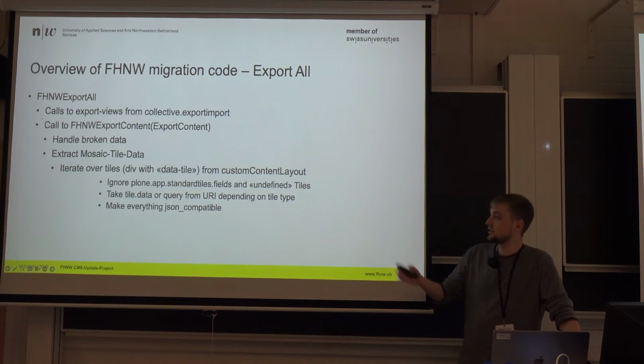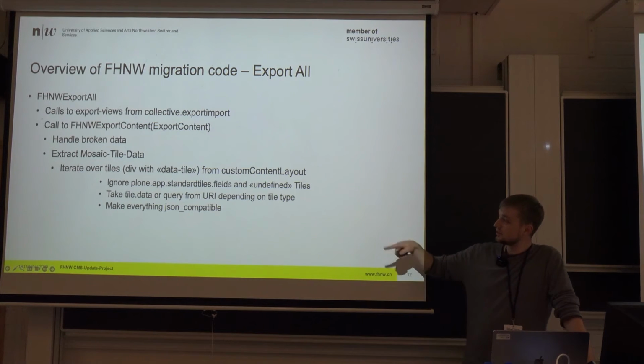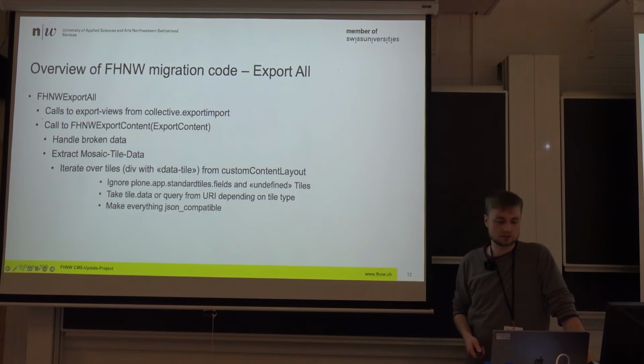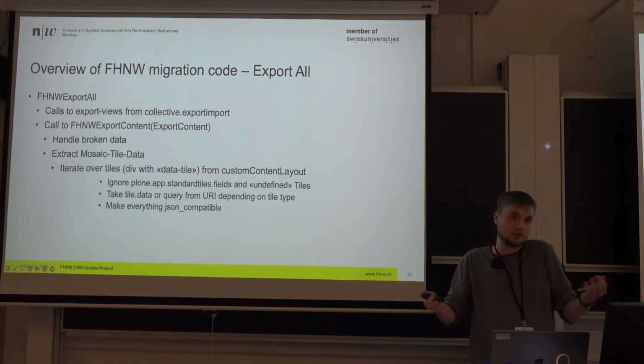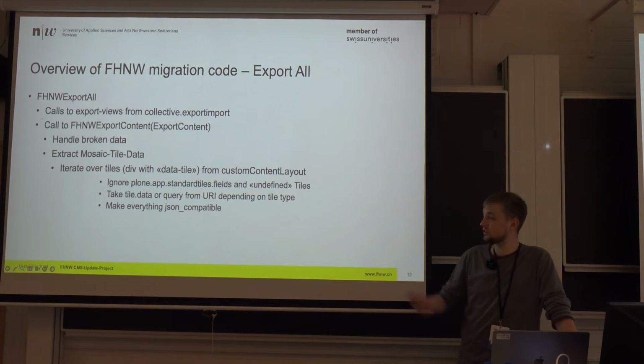And then obviously we have to translate everything to JSON basically. And what I didn't mention was the Plone standard type fields, because these are fields which are migrated by collective.exportimport. Already you have the information, you don't need the styles.